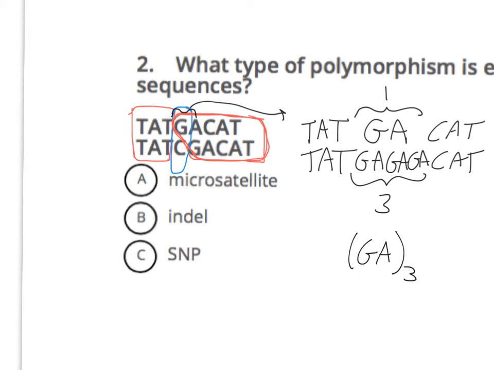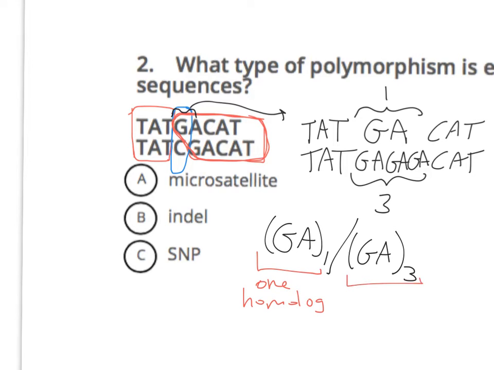So this would be an individual that has a (GA)3, and if this was 2 chromosomes from the same individual, their genotype would be (GA)1/(GA)3. They have 1 repeat of GA on 1 homolog, 1 copy of this chromosome. And they have a repeat of 3 on the other homolog.